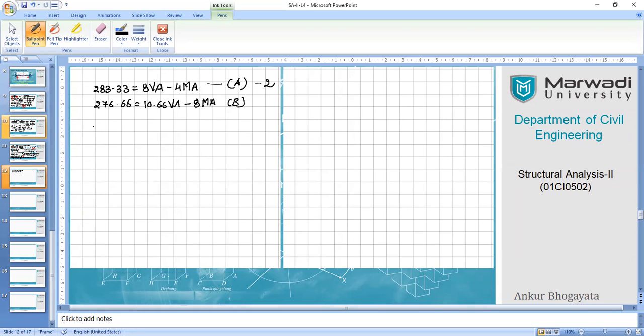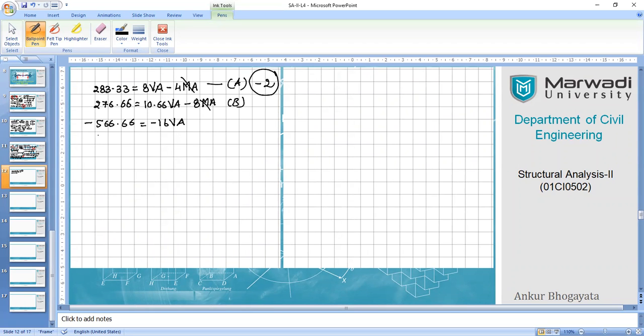So let's multiply equation A by minus 2, and when you take the algebraic sum, these two terms get cancelled. 283.33 into minus 2 is minus 566.66 equals minus 16 VA. This is already plus 8, so both will get cancelled.